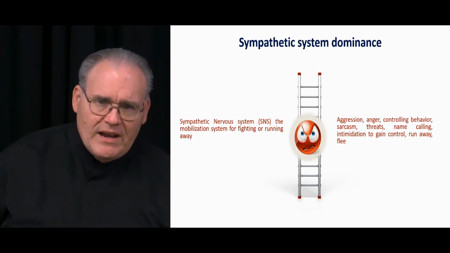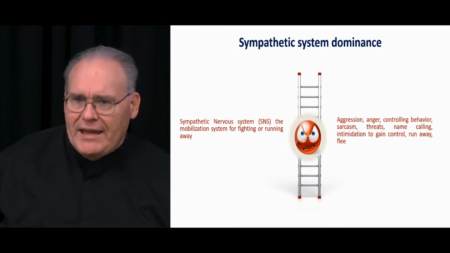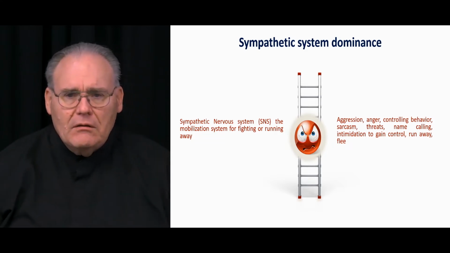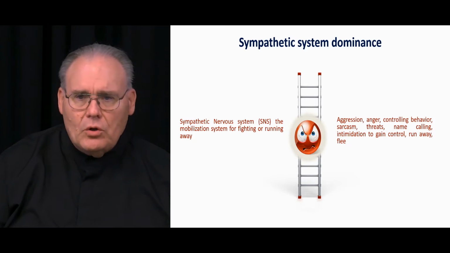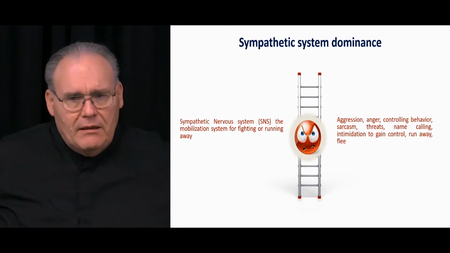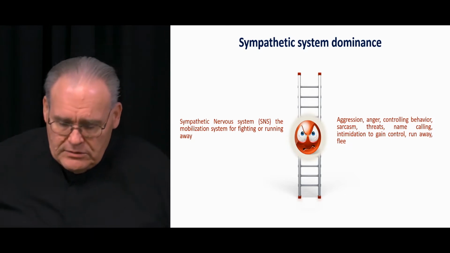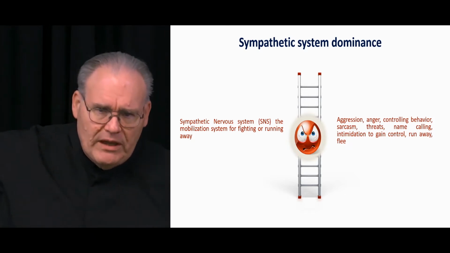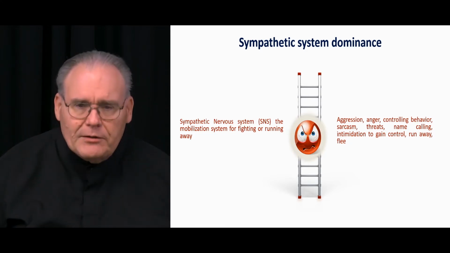So you're going to see aggression and anger and controlling behaviors, sarcasm, threats, name calling, put downs, the use of intimidation to gain control over somebody or something, or you're going to see running away and fleeing and trying to act in ways to move away from this. Not the same thing as shutting down, which would be at the bottom of the ladder.